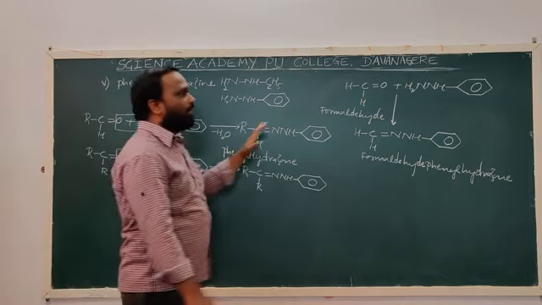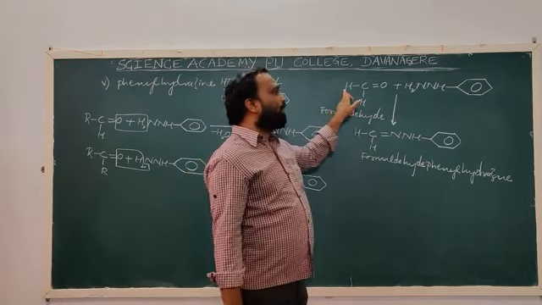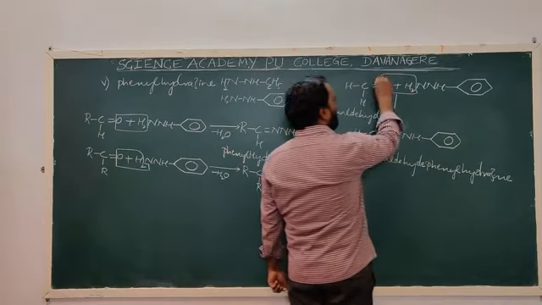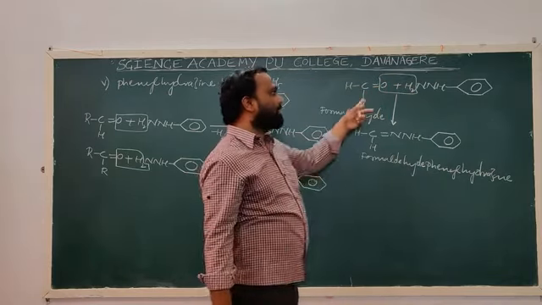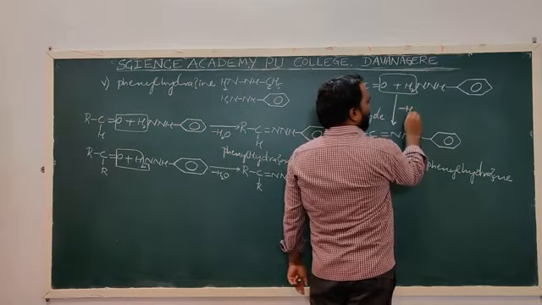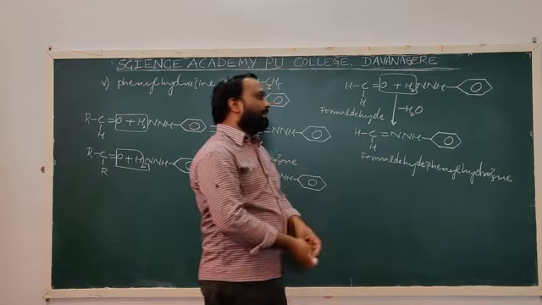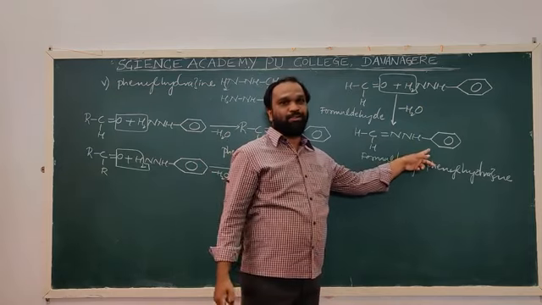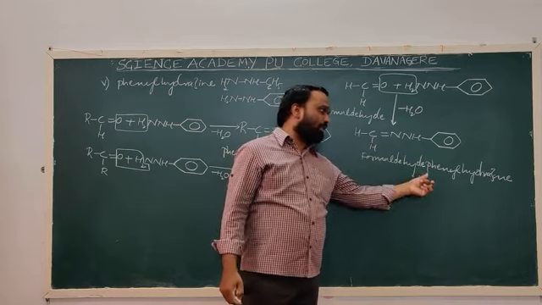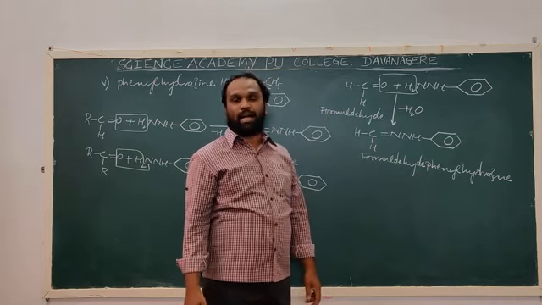For example, if you take formaldehyde, formaldehyde undergoes condensation with phenylhydrazine. This is the reaction, and it gives formaldehyde phenylhydrazone. Similarly, acetaldehyde gives acetaldehyde phenylhydrazone.